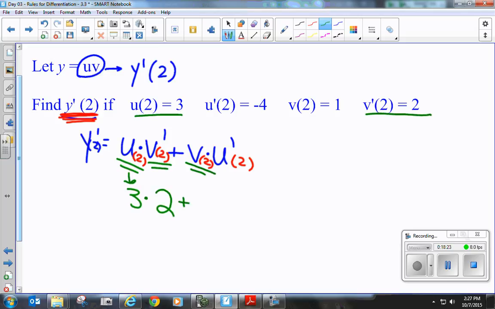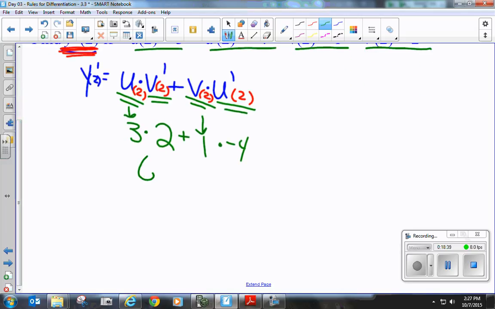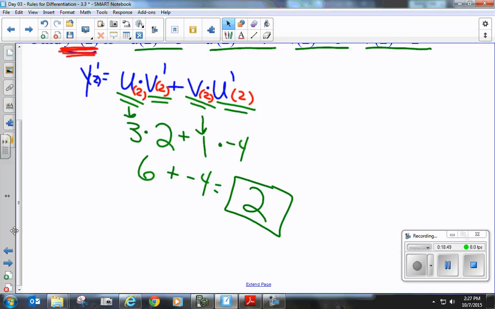Plus what's v of 2? 1 times what's u prime of 2? I mean, it doesn't get much easier than that. That's just understanding the product rule. How did I get 2? 6 plus negative 4? The answer is always 2. That wasn't too shabby.